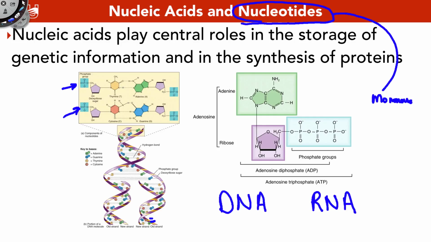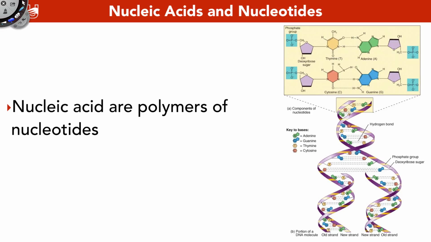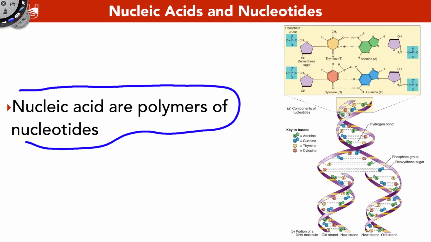All these nucleotides are combined, and we form our nucleic acid. So several of these nucleotides combine to make our nucleic acids, such as DNA and RNA. Key point, nucleic acids are a polymer of nucleotides. Now we will definitely get more in-depth into this later on.